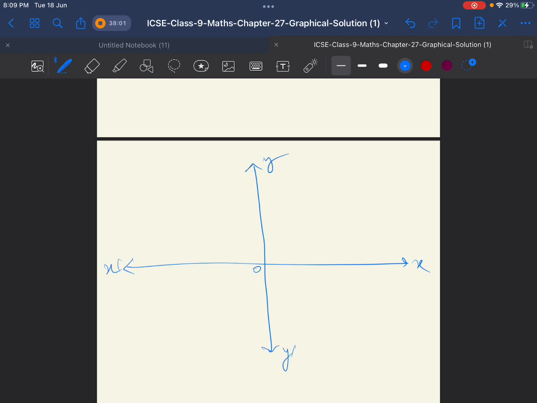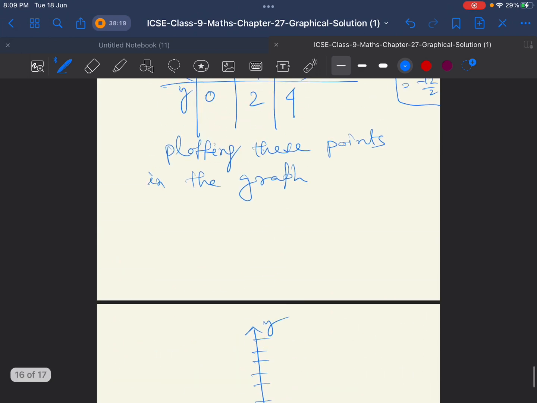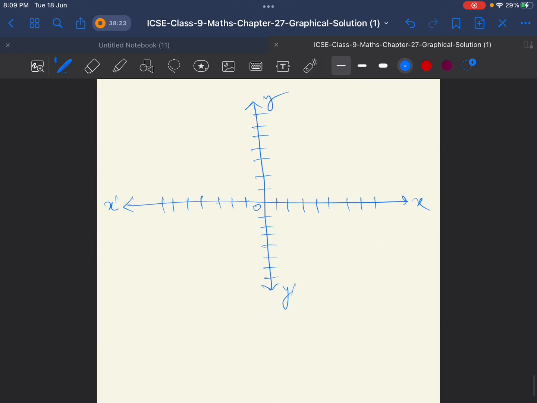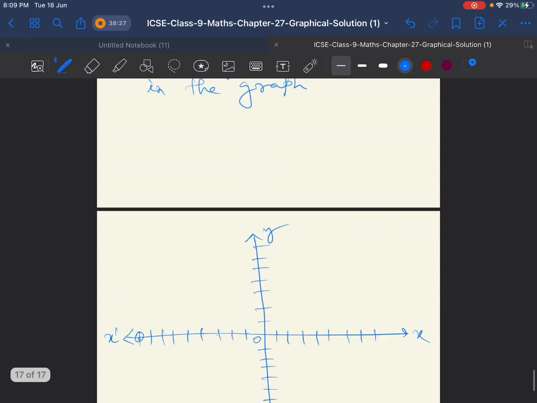So we draw a graph. X O x dash, y O y dash. Okay, 1 2 3 4 5 6 7 8, 1 2 3 4 5 6 7, 1 2 3 4 5 6 7, 1 2 3 4 5 6 7.